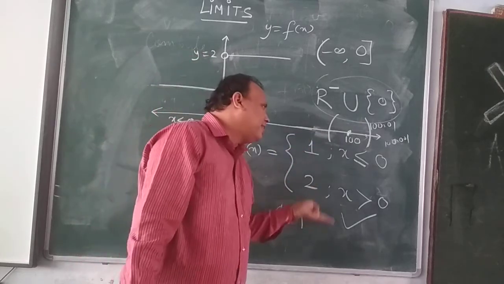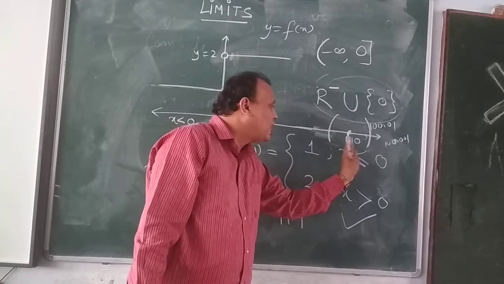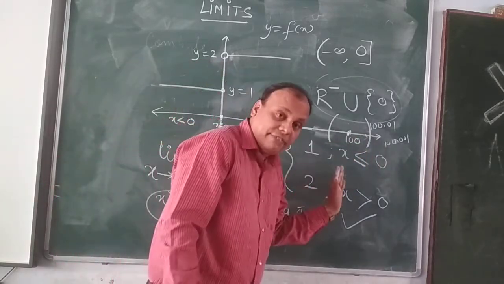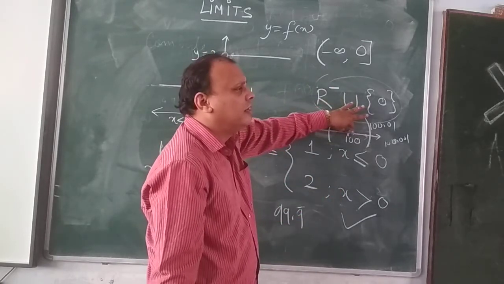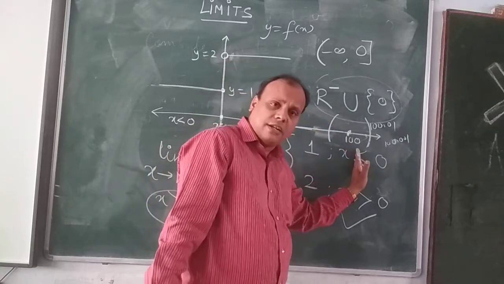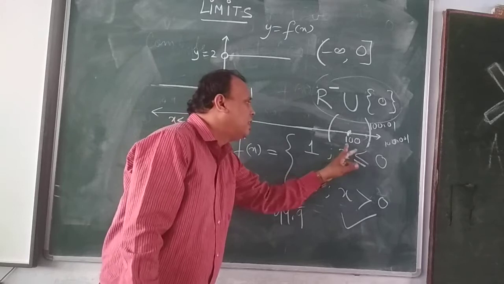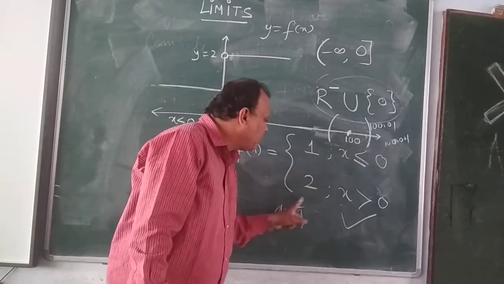Hence, even if x is approaching 100 from the left-hand side or from the right-hand side, we have to note that in the neighborhood of 100, whenever x is nearer and nearer to 100, the value of the limit of the function is becoming 2.